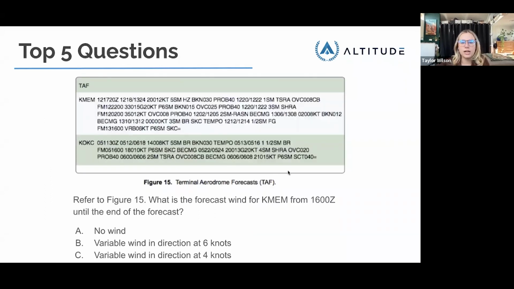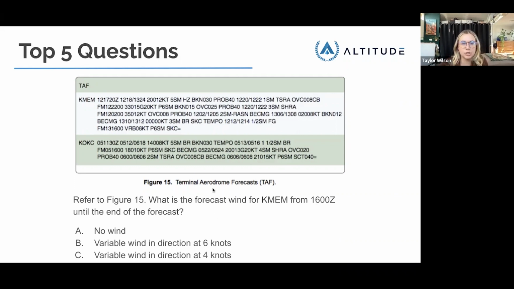What is the forecast wind for Mike Echo Mike from 1600 Zulu until the end of the forecast? We've got two TAFs here that give us quite a bit of information. We're going to be looking at Mike Echo Mike here, and we're looking for the forecast from 1600 Zulu. It's asking for the forecasted wind.